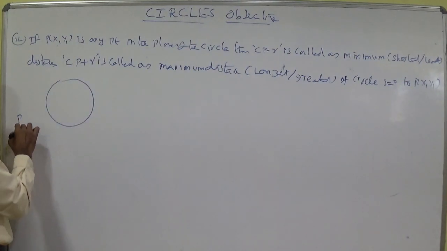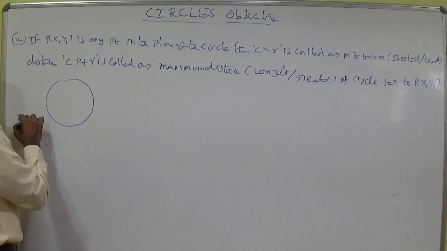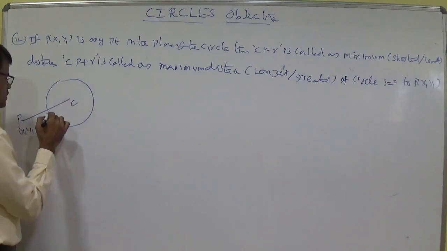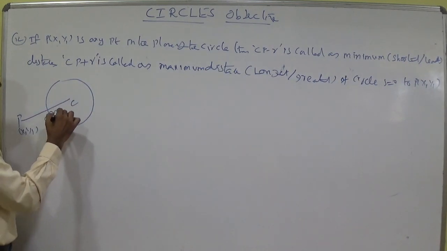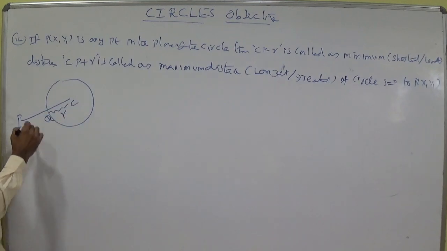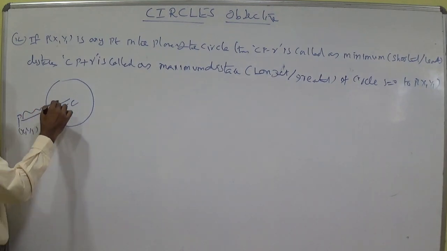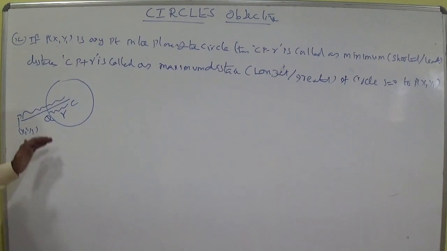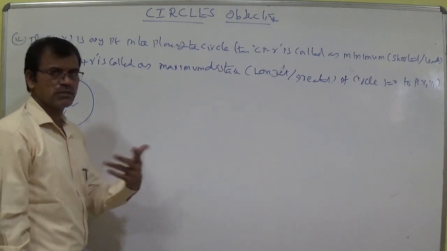If P(x1, y1) is here, for example, this is C, this is Q, this is R. So full this is CP and R. If we add, that is maximum distance.